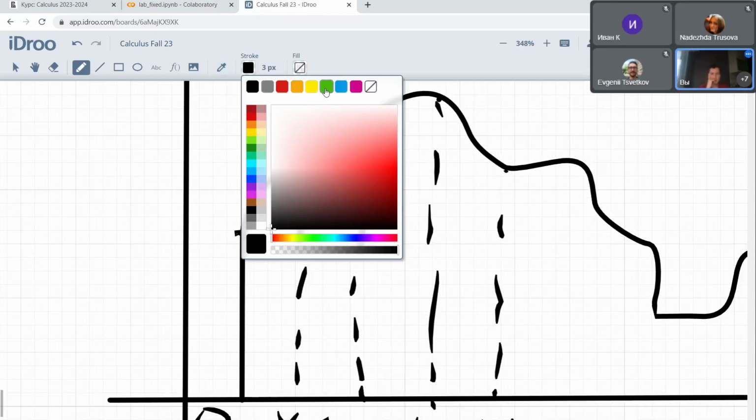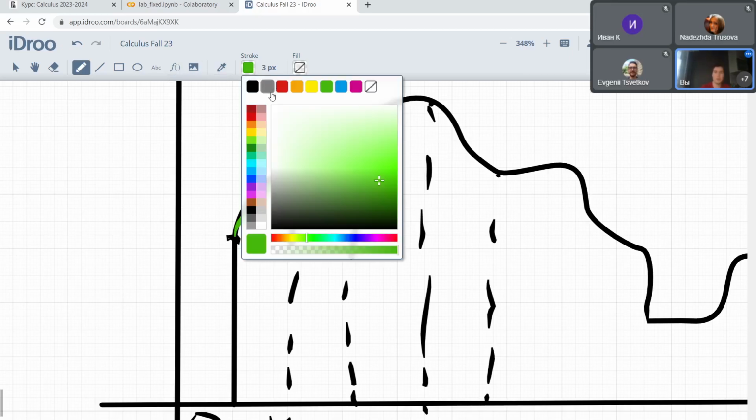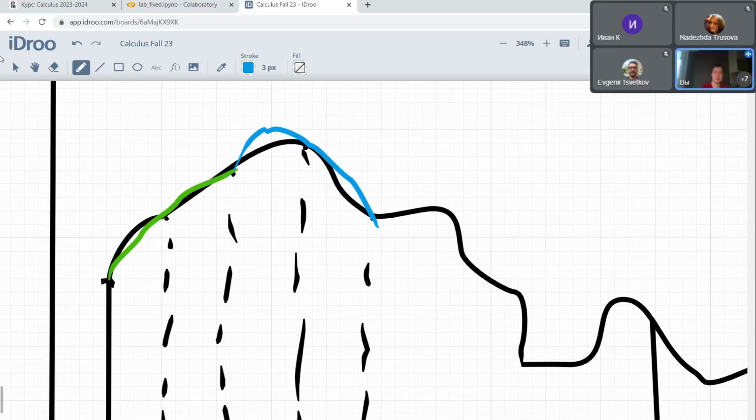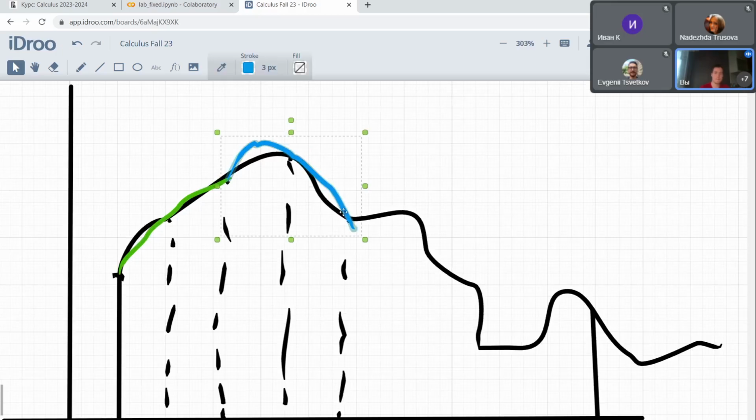It won't be very beautiful, but you can imagine. That's the first parabola. I don't know how to draw it, so I hope you will understand me. And that's the second parabola for the segment from x2 to x4.